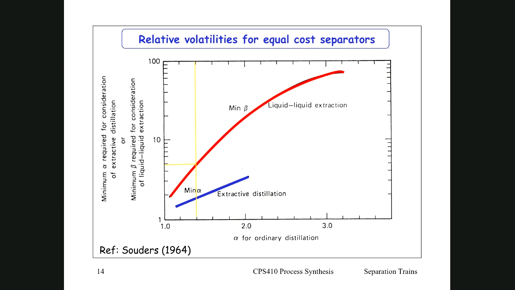So that's essentially how you use this graph, and it allows you to choose whether you're going to do ordinary distillation or extractive distillation. Extractive distillation is that example where we use furfural to help extract butene, and liquid extraction is an example where you have an organic mixture that contains an alcohol.